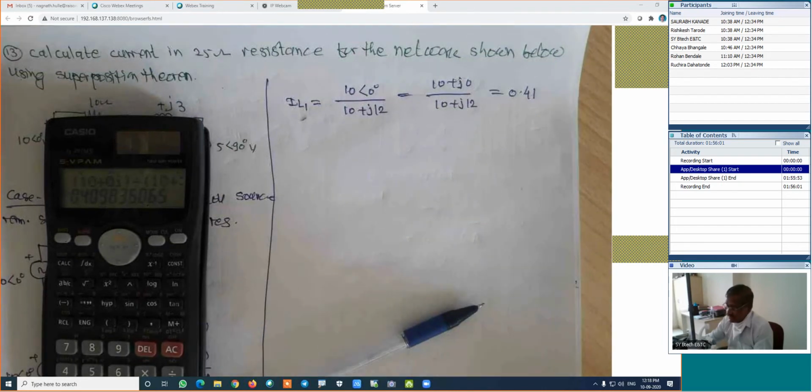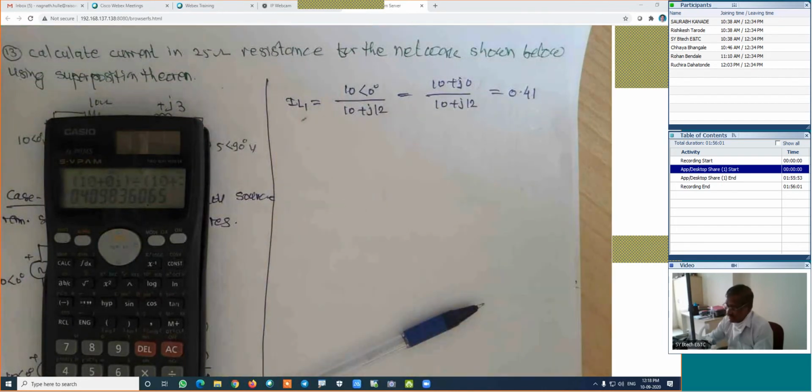And how is the complex part obtained? What is the second step in the calculator? I'm not able to recall. Can anybody recall what the next procedure in the calculator is?